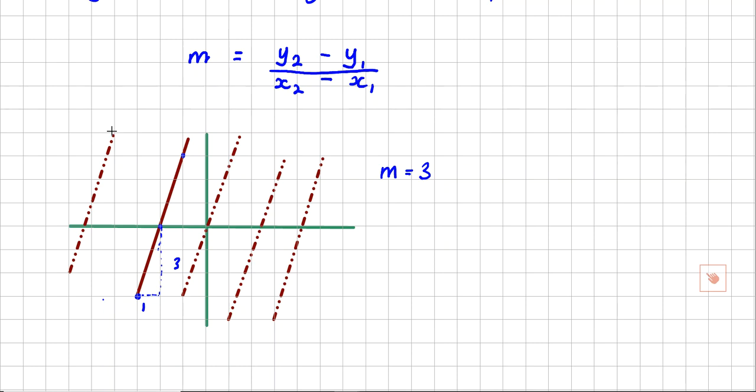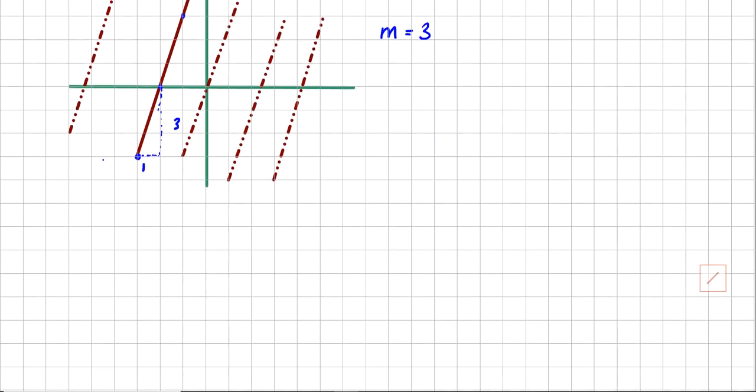Right. Could you now draw for me then a line with a gradient of -1/4? That's easy. I would like you to draw me a line that has a gradient of -1/4.